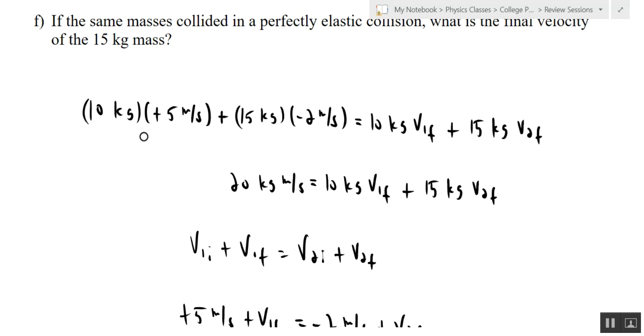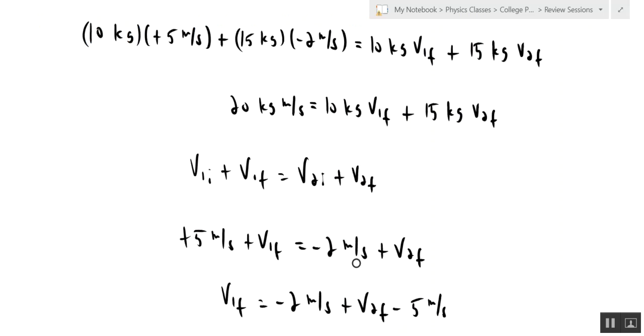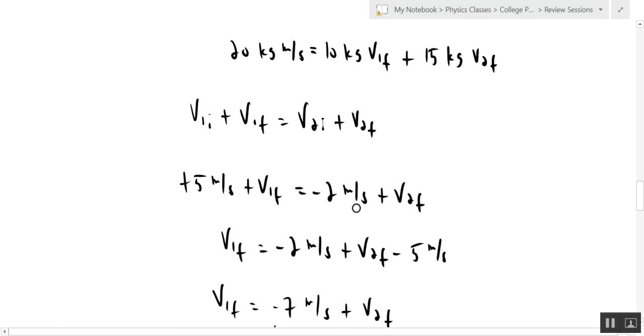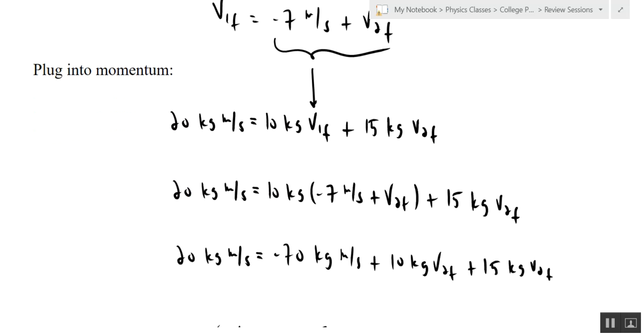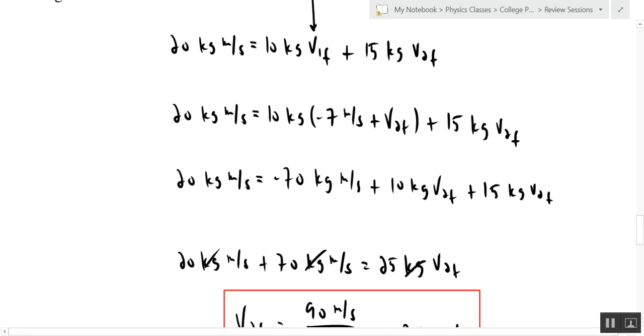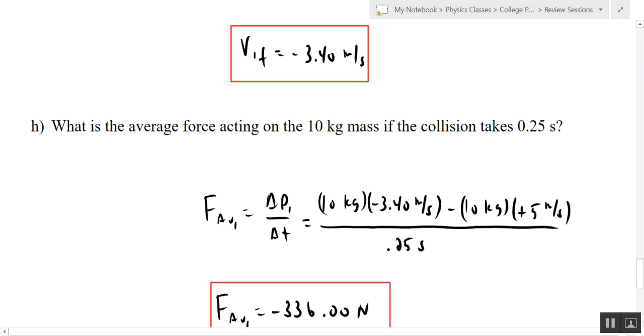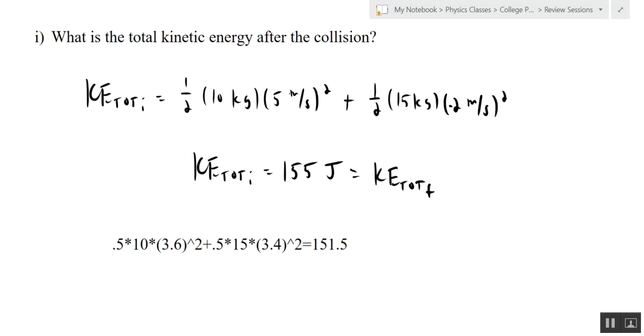What's going on here? It's plus 5 minus 2. Minus 7. Put that in there. That's weird. Something is a little bit off. No, it's close. But something is a little bit weird. 25 times 10. Did I write any mass down wrong anywhere?